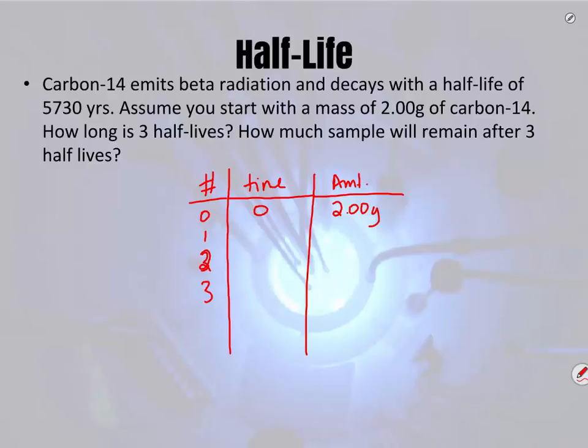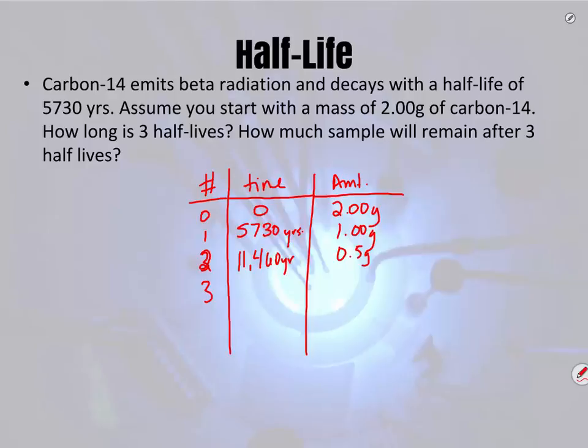After 1 half-life has gone by, 5,730 years have expired, and my sample is cut in half, 1 gram. To get my next half-life, I add 5,730 to the one before. So I get 11,460 years, and half my sample, 0.5 grams.